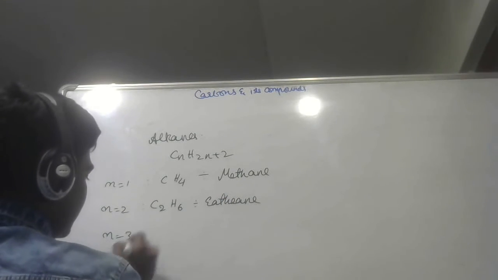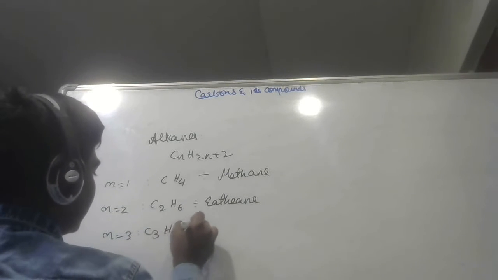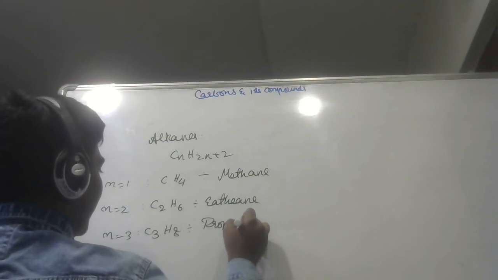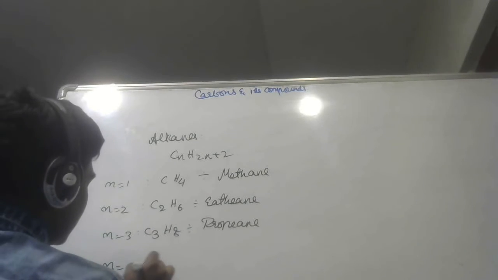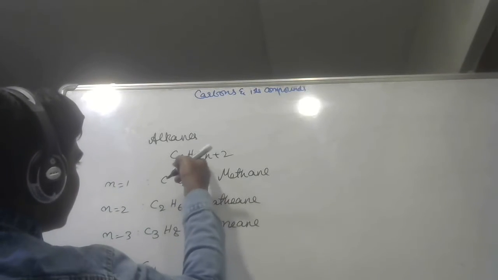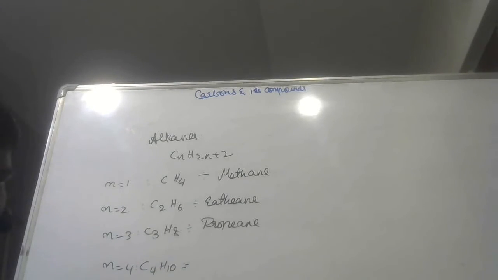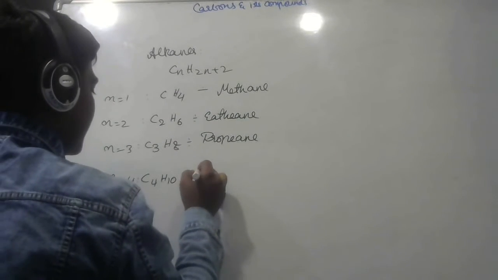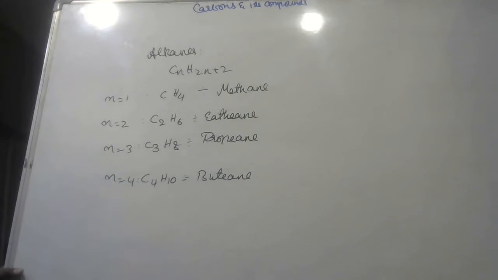Then n equals 3: C3H8, since 2 threes are 6, plus 2 is 8. 3 means prop and ane, propane. Then n equals 4: C4H10, since 2 fours are 8, plus 2 is 10. For 4 carbon atoms, we have the name but and then ane, butane.